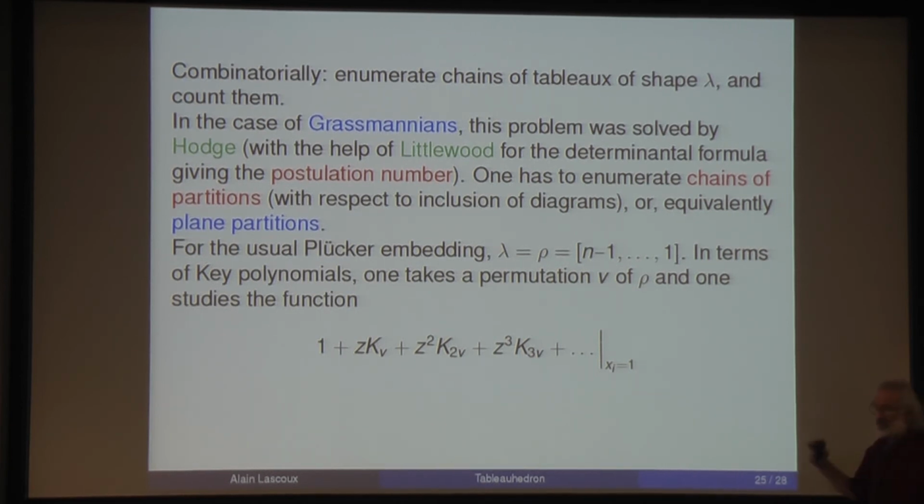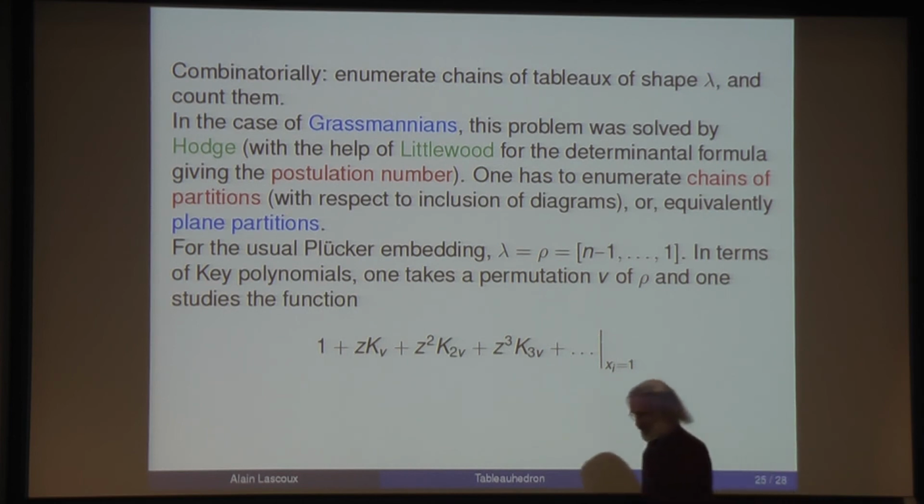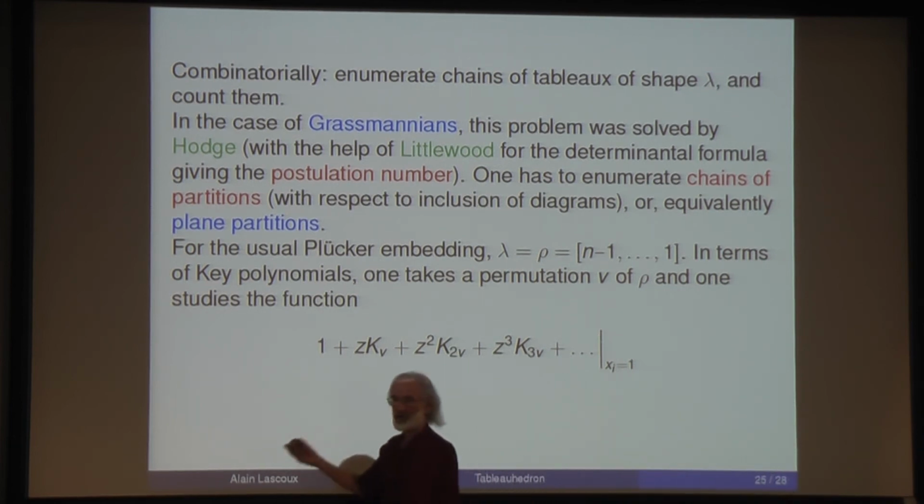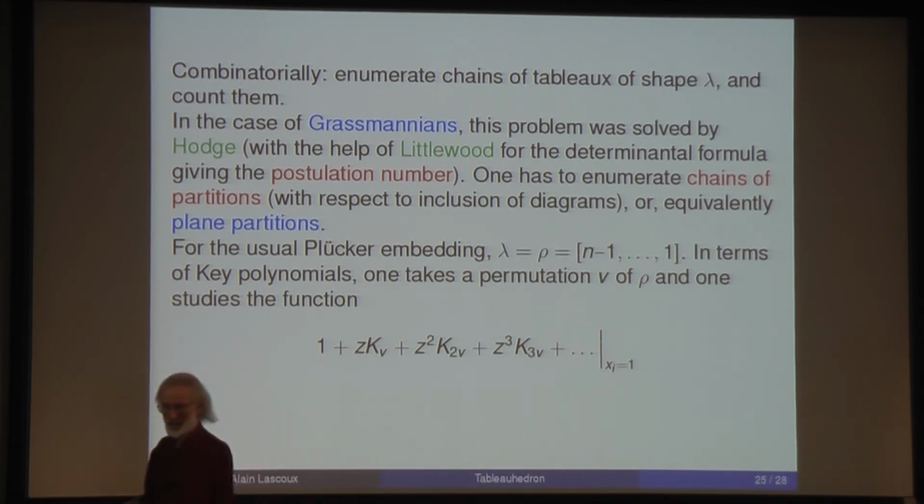So in the case of the Grassmannian, it's a computation made by Hodge. He was not able to finish the algebraic computation, but later we came to the rescue.